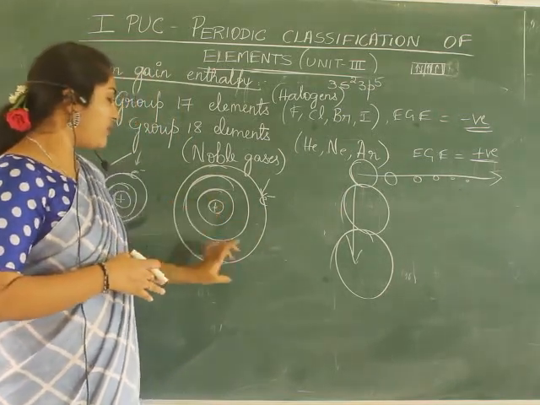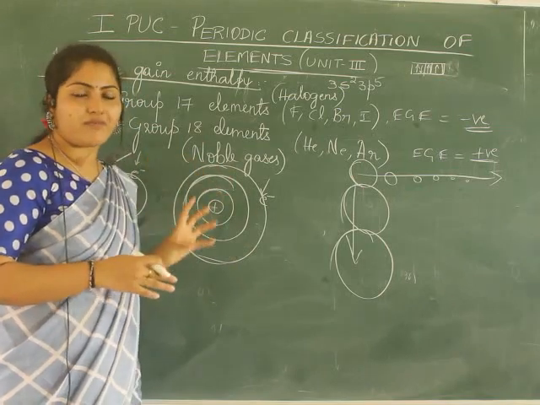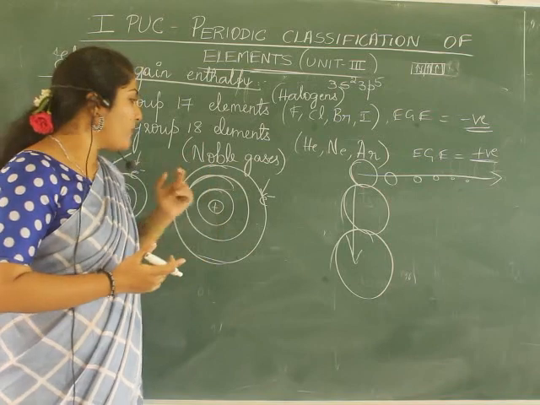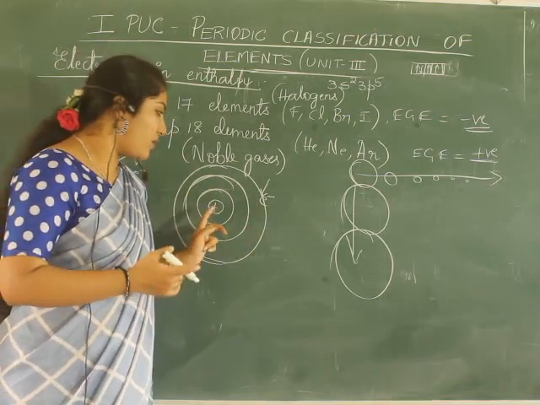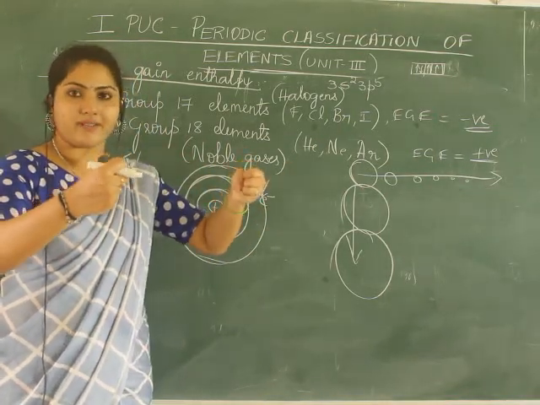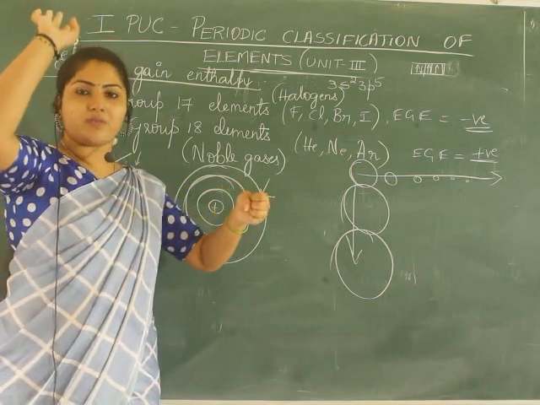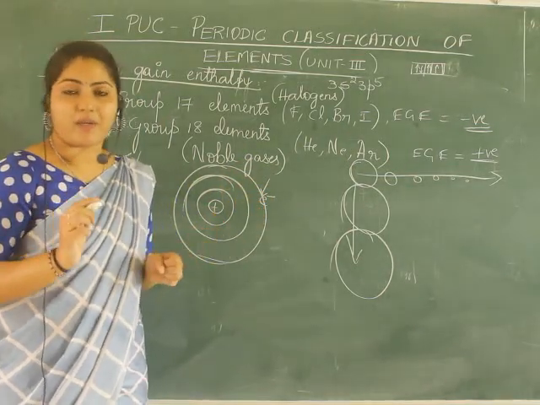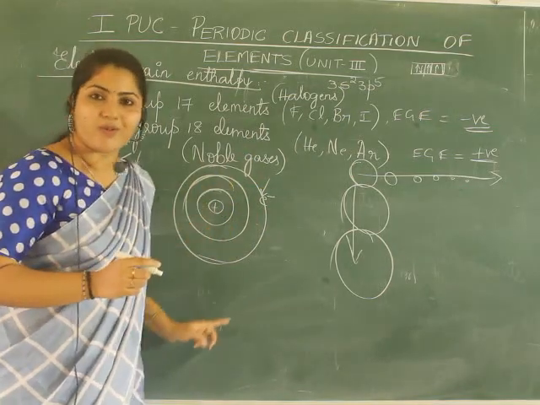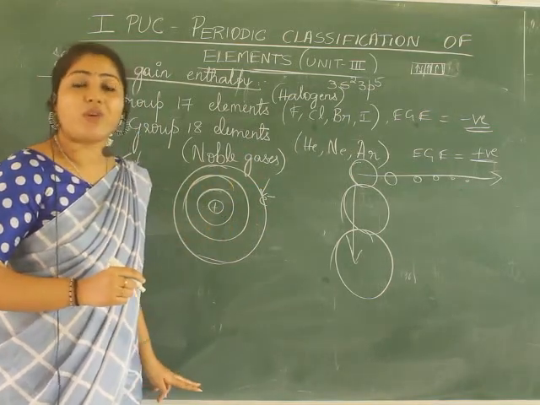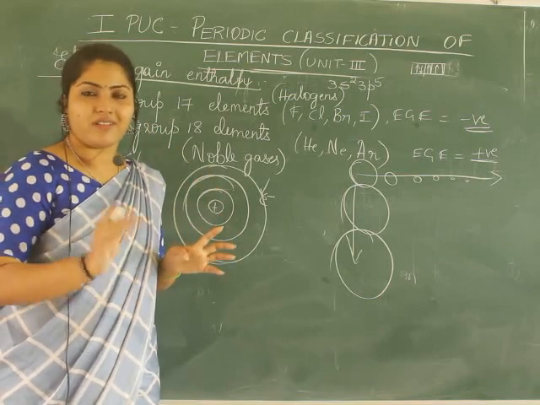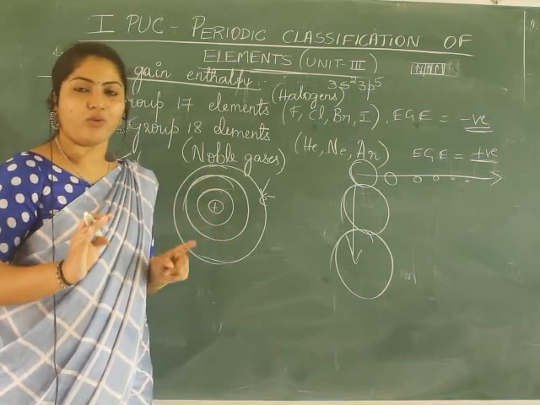Here I have just drawn extra shells, but practically, if the electron has to come in, the nucleus has to hold it. Otherwise the electron will just move away. The reason is that other electrons are also present, and they will try to push it out.